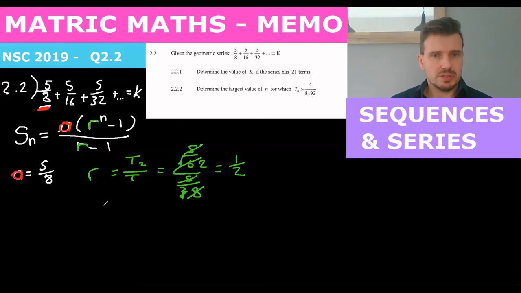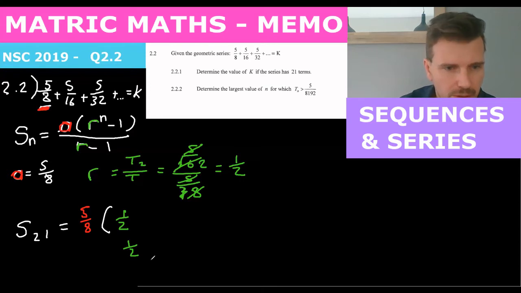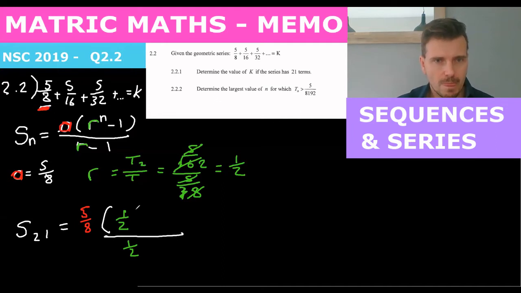So now we can just substitute that into the formula. They want the first 21 terms, so S21 equals a, which is 5/8, times r, which we now know is a half, to the 21 minus 1, over a half minus 1.